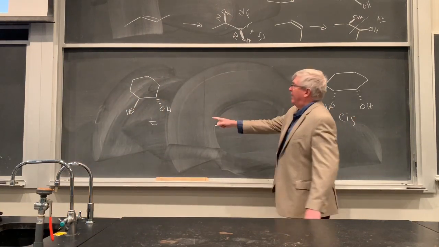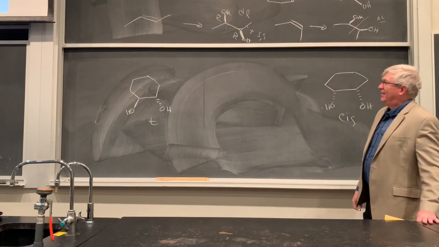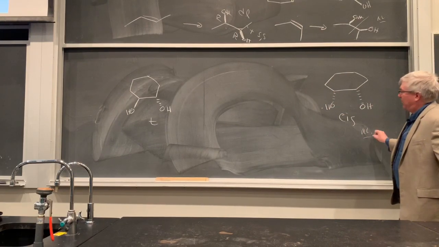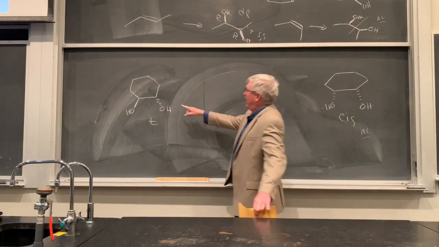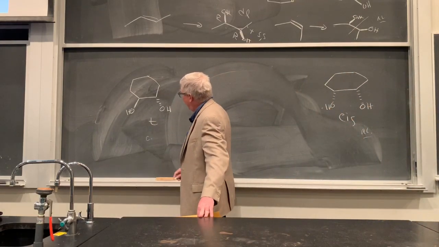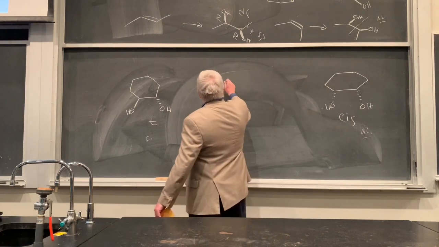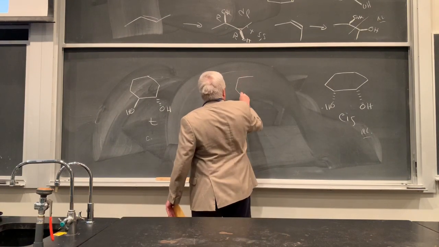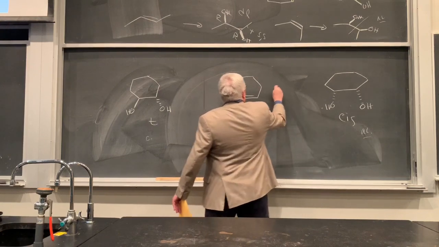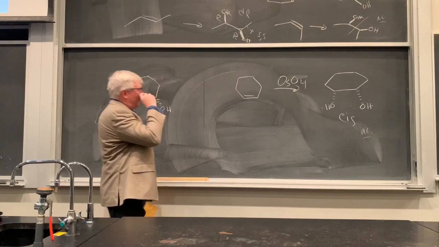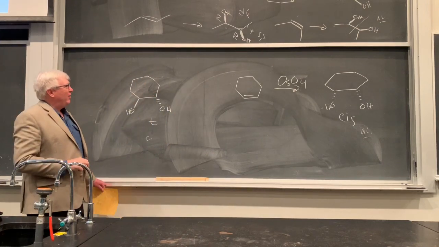How can we make the trans product when we want it? This is the achiral one, okay, at least in this case. This is the chiral one, okay. And if we want to make that, let's see, we can take this and with osmium, you see we'll just get the cis. So we can't do it with osmium.